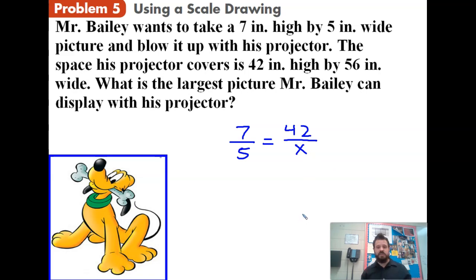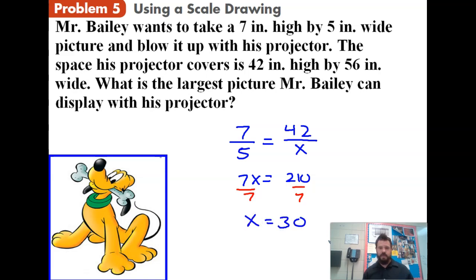And then once again, I can just cross multiply and divide to figure out what the fitting width is going to be. 7 times x will give me 7x is equal to 5 times 42, which is 210. Divide both sides by 7, and we'll end up with x is equal to 30.